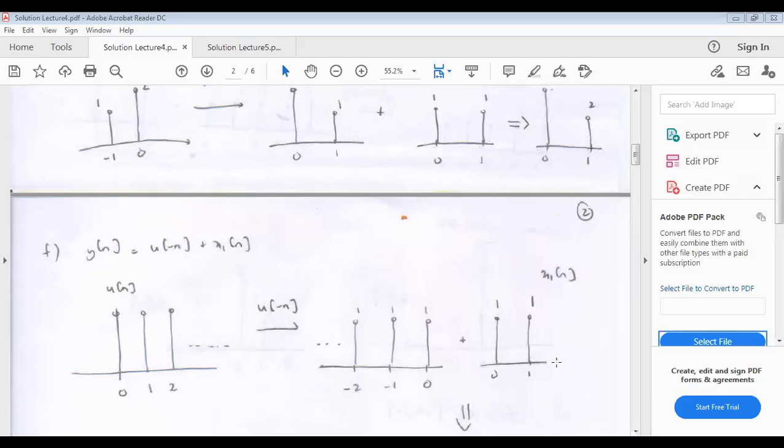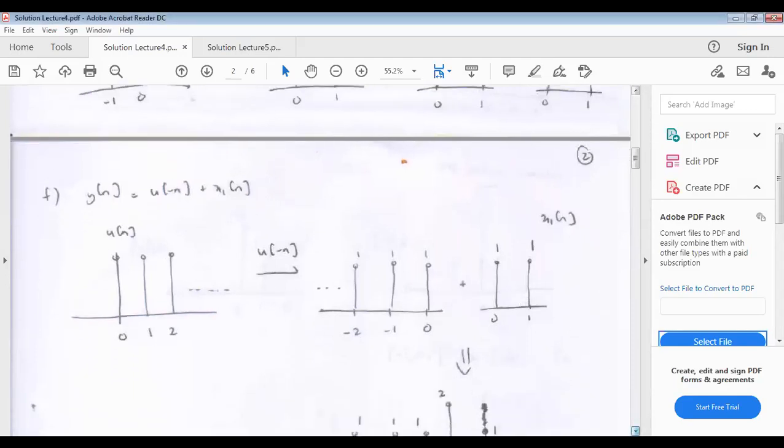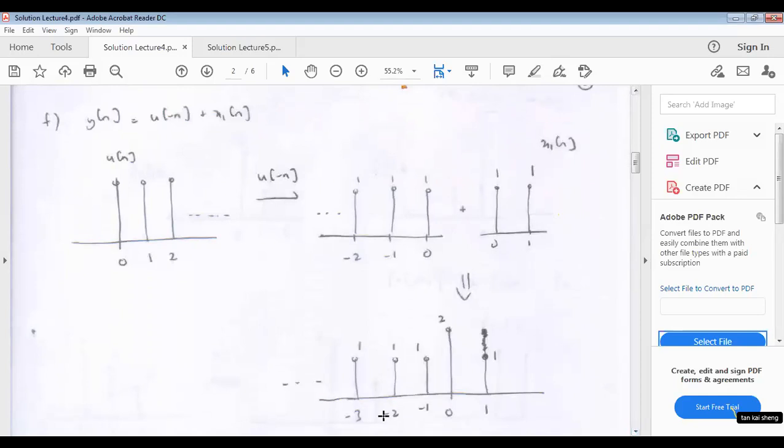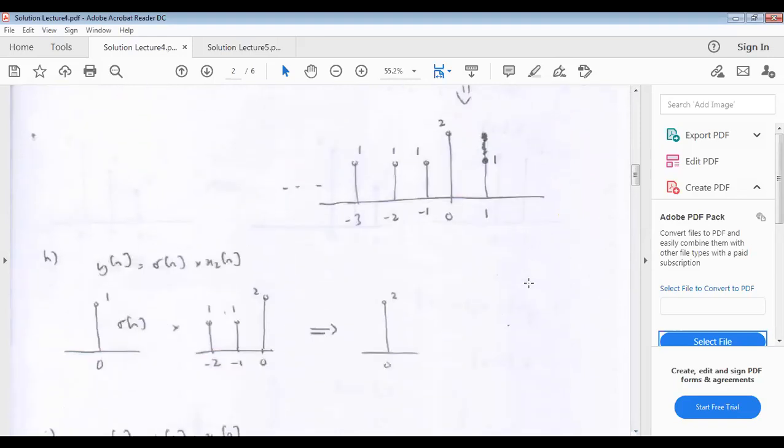So as a result, when we add these two signals together, we're going to have these. An amplitude of 1 will exist from -1 onwards up to negative infinity. At 0 it will be 2 due to the addition of the signals, and at 1 it will be 1.